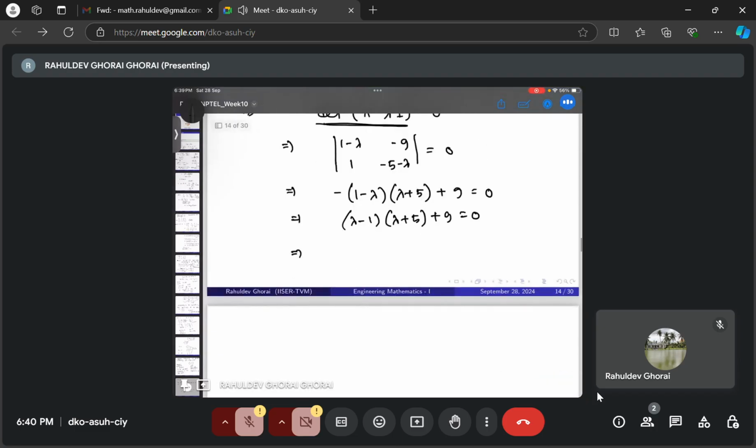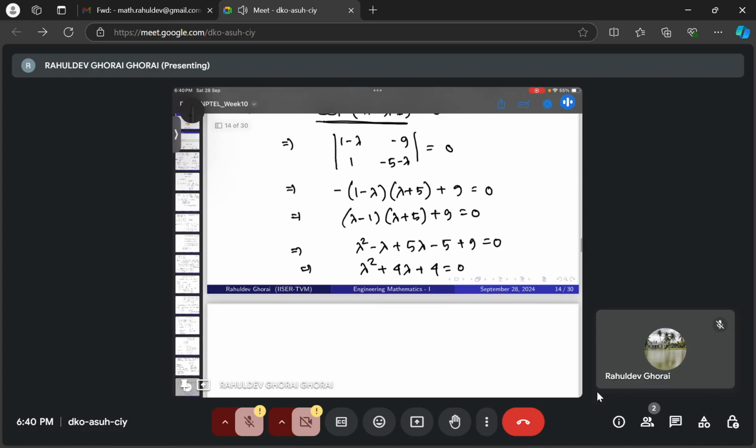That implies lambda square minus lambda plus 5 lambda minus 5 plus 9 is equal to 0. That implies lambda square plus 4 lambda plus 4 is equal to 0.